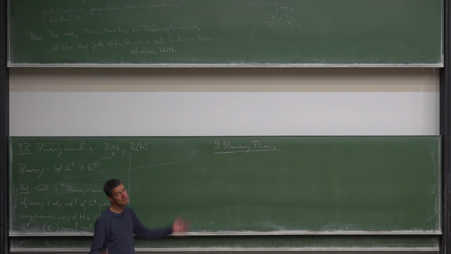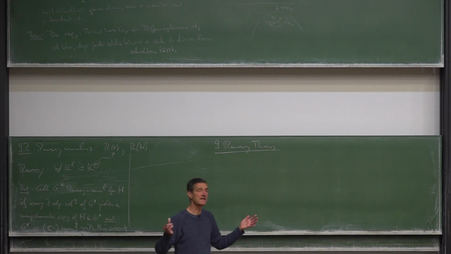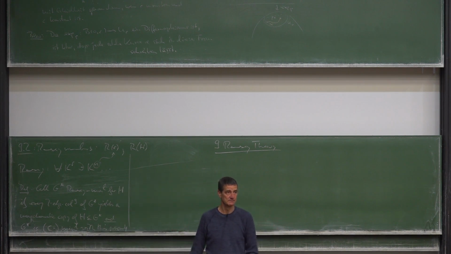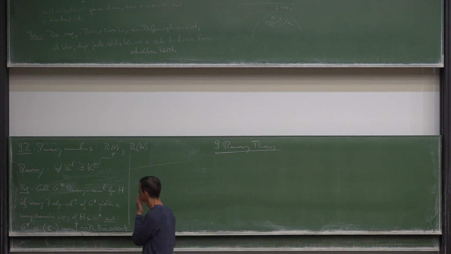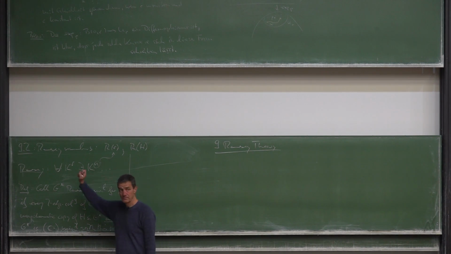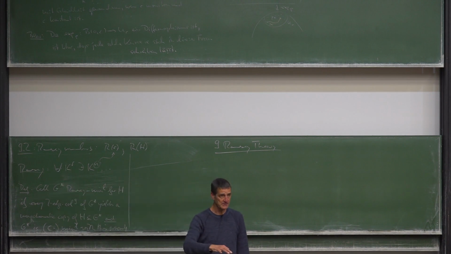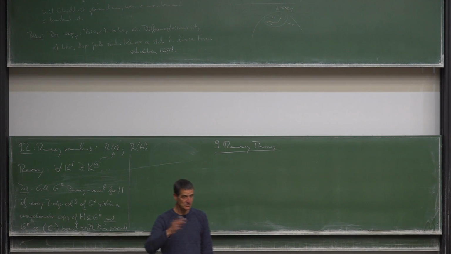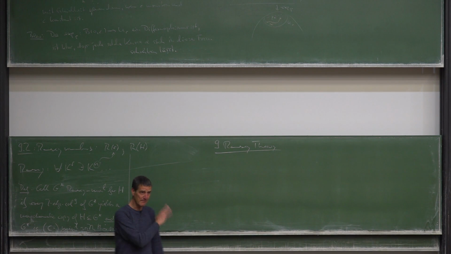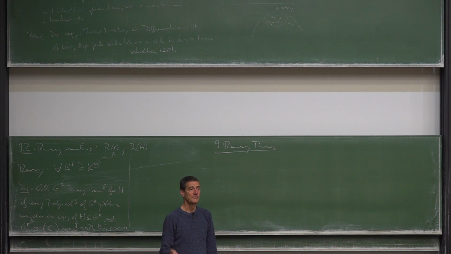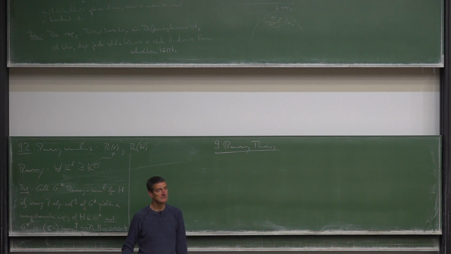Okay, question: do we always get to the same G star? Is it unique? If we start with Kn, with n the Ramsey number of H, and delete edges until we're minimal with the property that every two-edge coloring of the graph G star that remains yields a monochromatic copy of H, are all these graphs G star that we get to isomorphic?